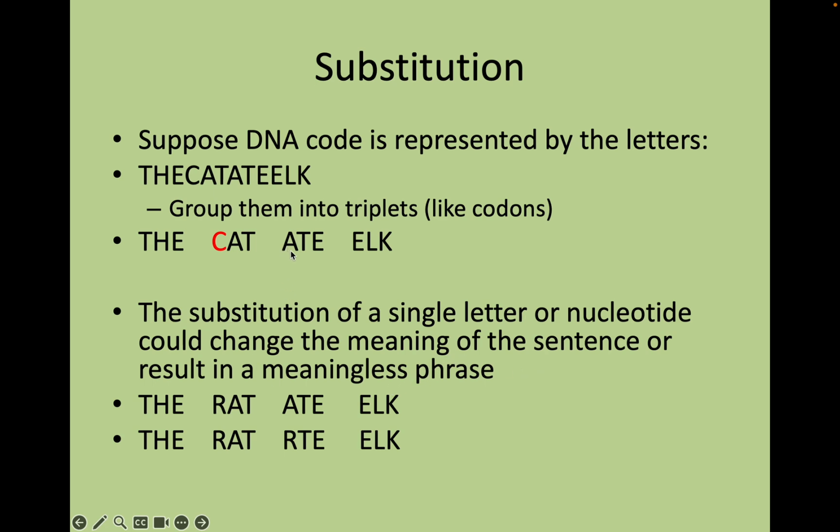And sometimes if mutations happen, they might make nonsense things that don't make any sense at all. Similarly, you could have mutations that change the amino acid or that code for something that doesn't make any sense, like a stop codon or a start codon in the middle of the gene.